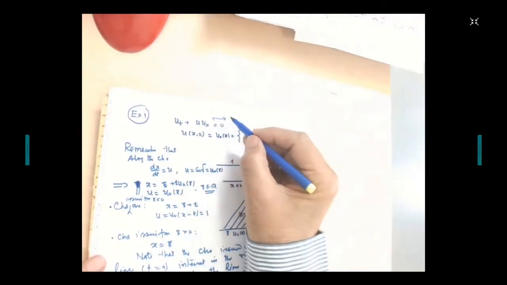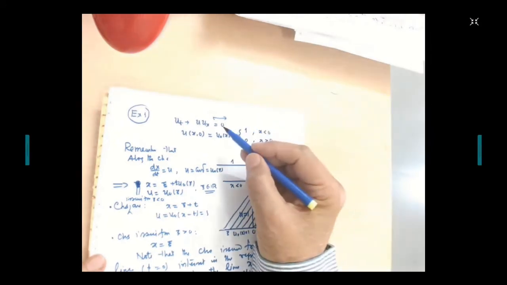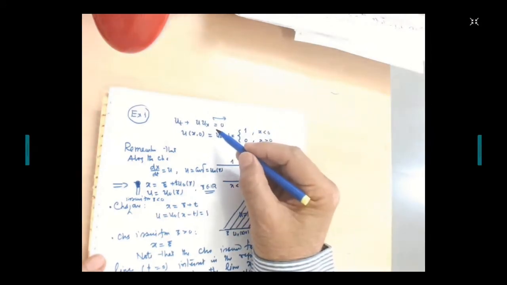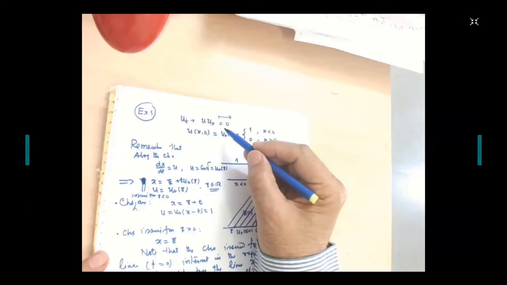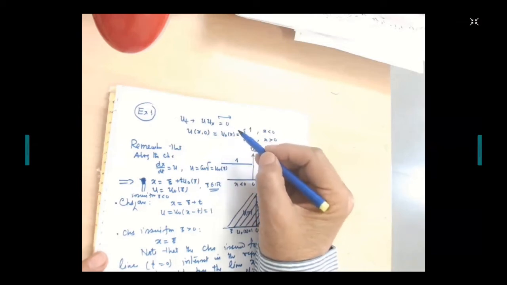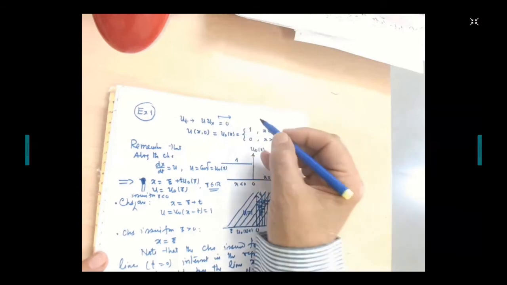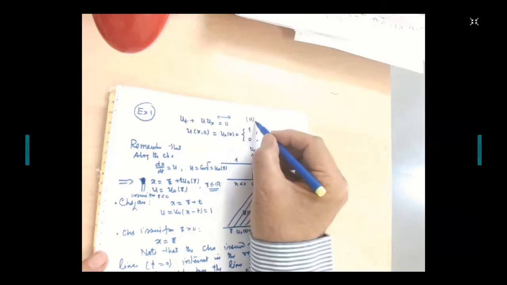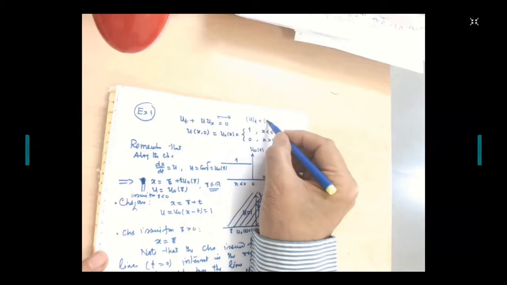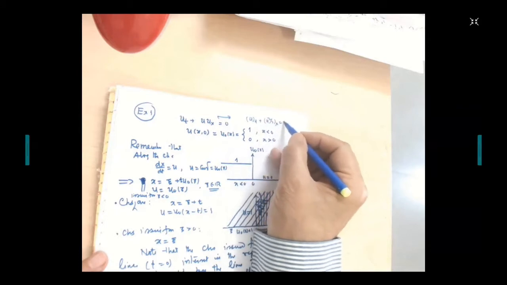You see, this assumption is extremely important because I told you last time that from a given conservation law, I can derive an infinite number of conservation laws, right? So it is assumed that the conservation law is this: u squared upon 2 with respect to x, equal to 0.